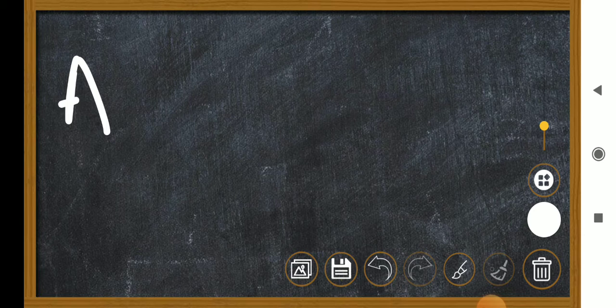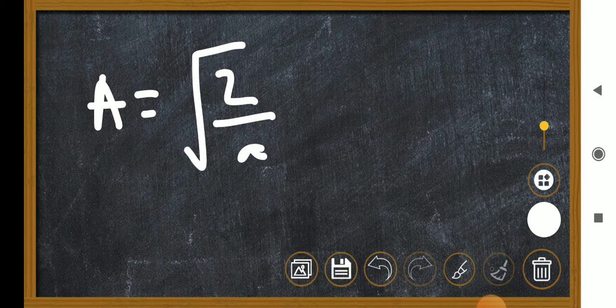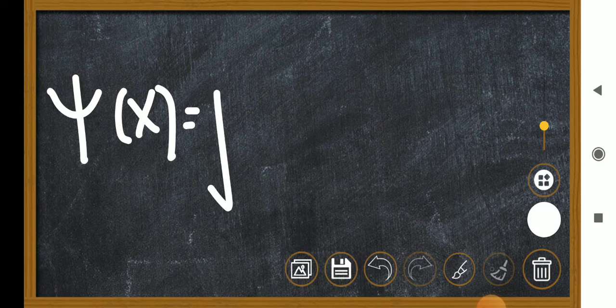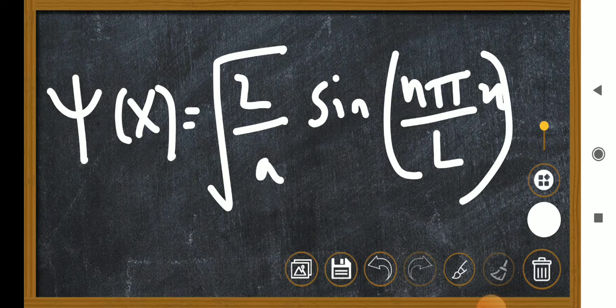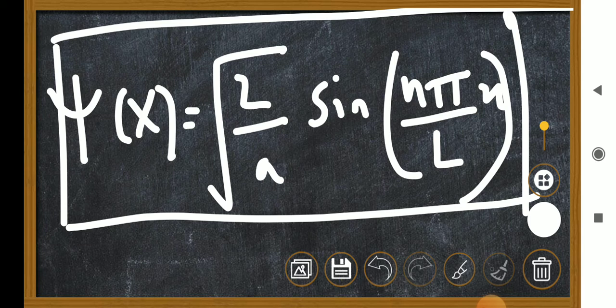So we can write a square L by 2 equals 1, which gives you a equals root of 2 by L. Finally, we can write psi of x equals root of 2 by L sine of n pi by L x. That's the final form that you have derived.